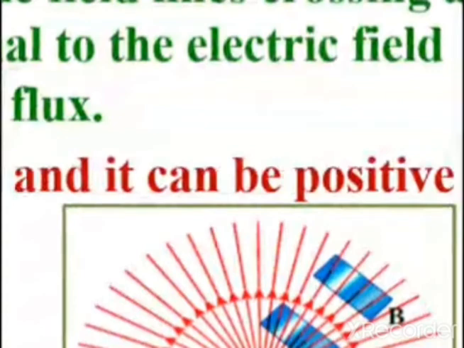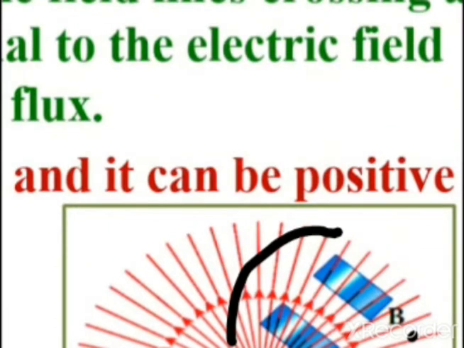Consider a unit positive charge +Q and two small rectangular areas A and B. These areas are placed in a uniform electric field.